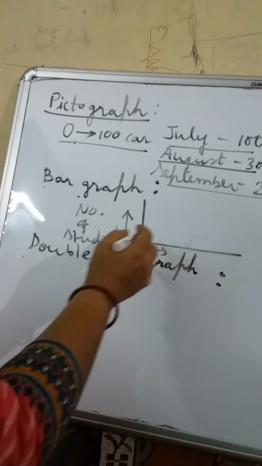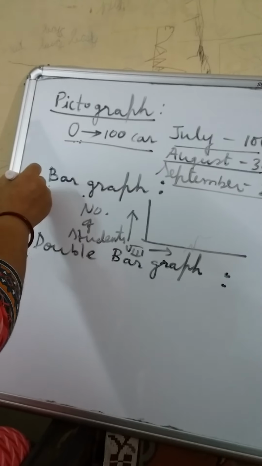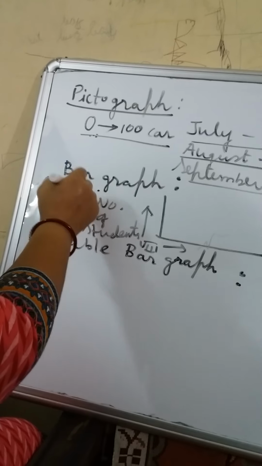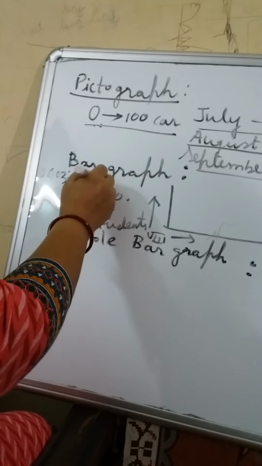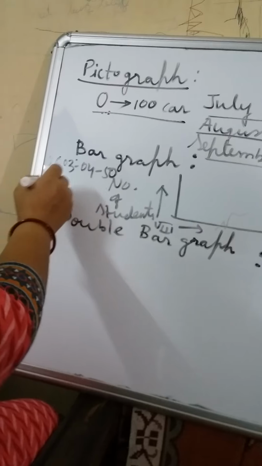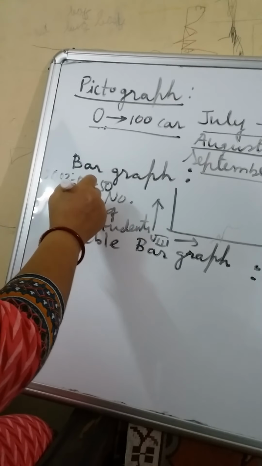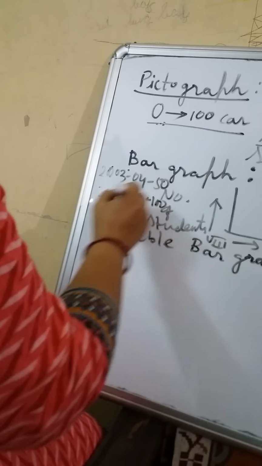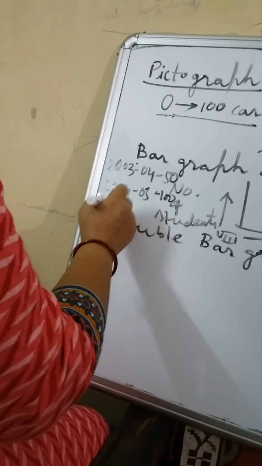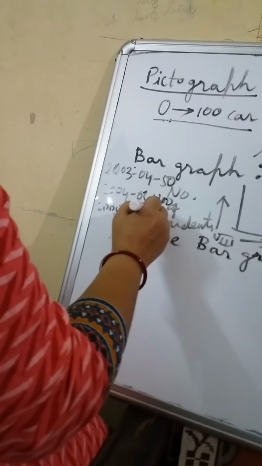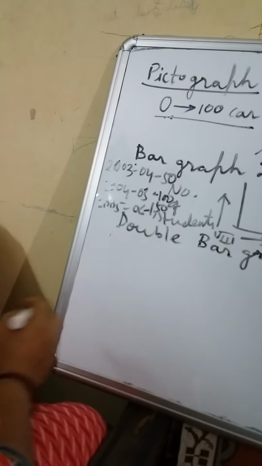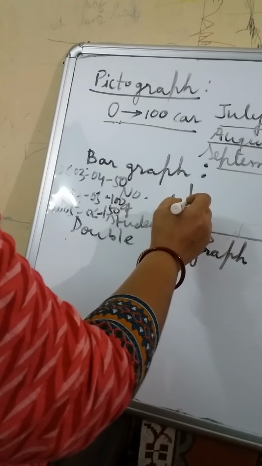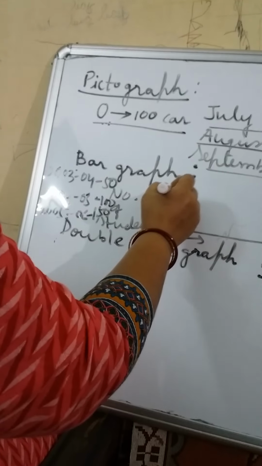If I say in the year 2003-2004 the number of students was 50, in 2004 to 2005 the number of students is 100, and in 2005 to 2006 it is 150, how can I represent it? Say it is 0, this is 50, 100, 150.